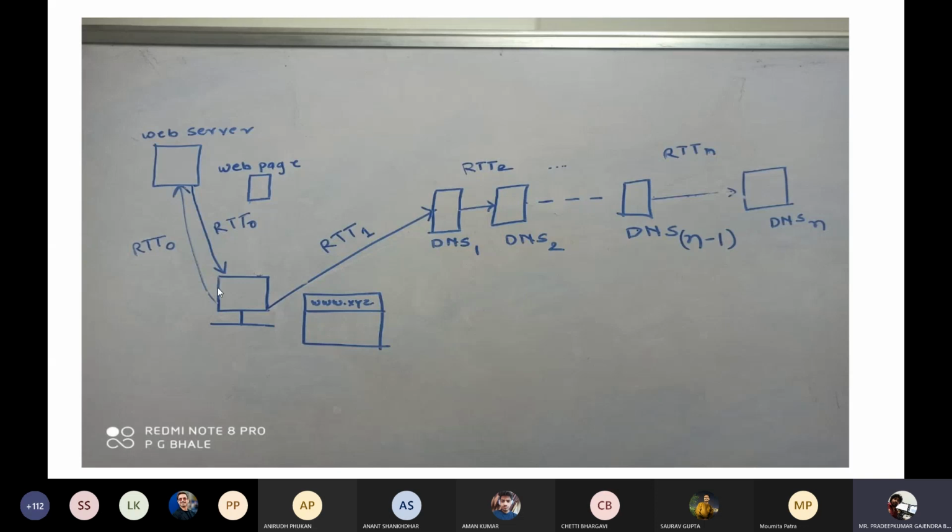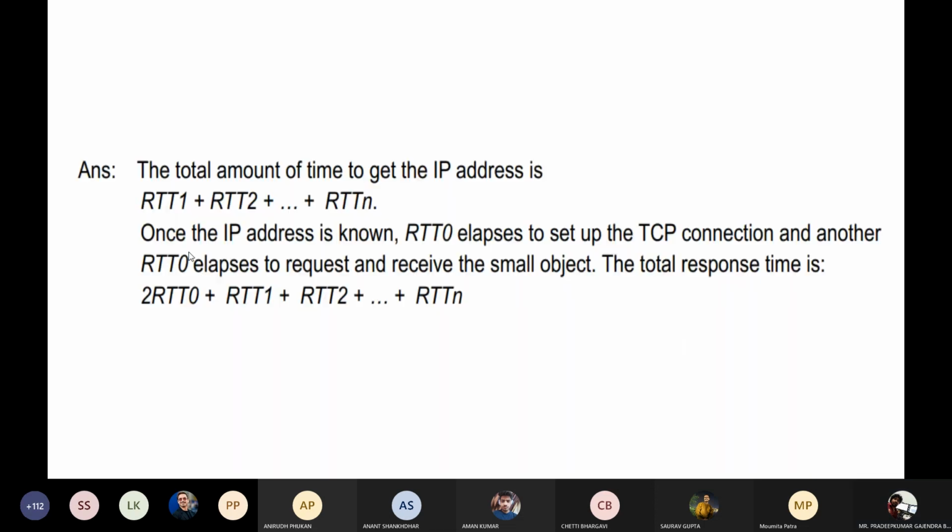Based on the IP address, you are connecting to the web server. That is RTT0 for the connection, and again RTT0 for the web pages. There is a similar distance, that's why we are taking RTT0 like this.